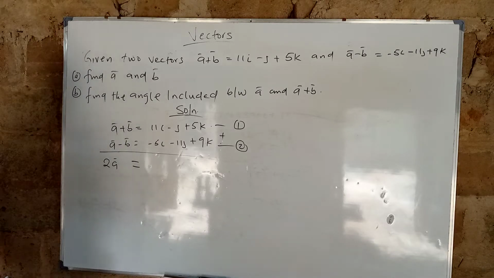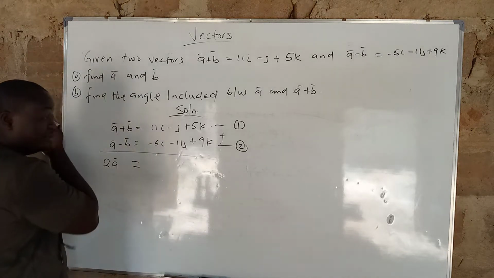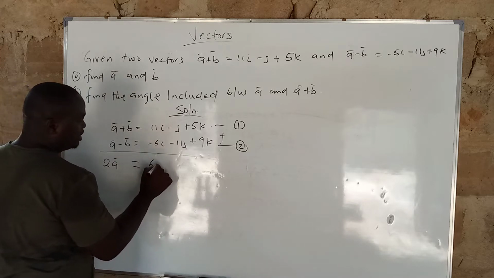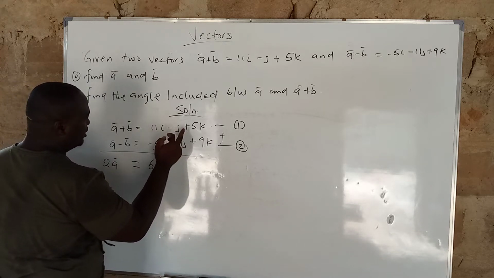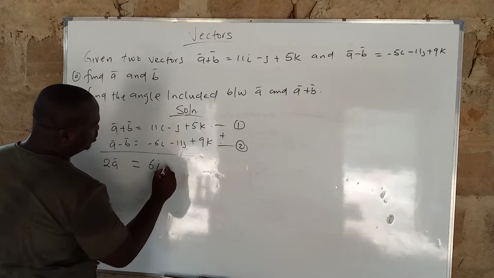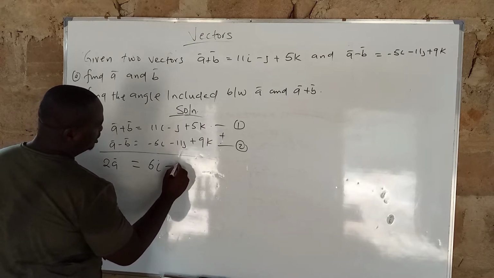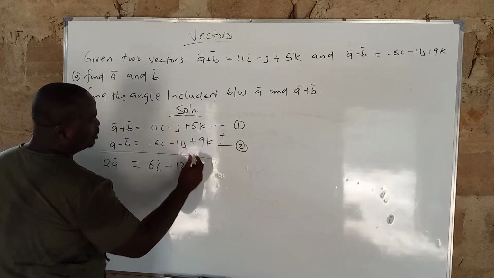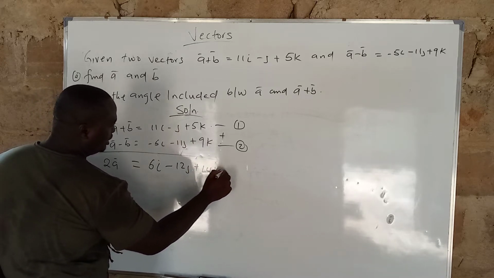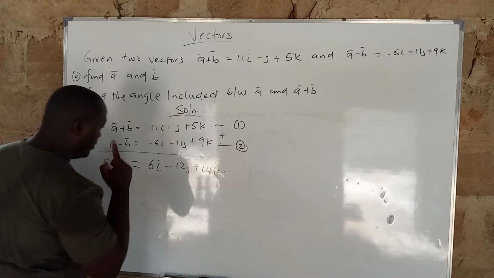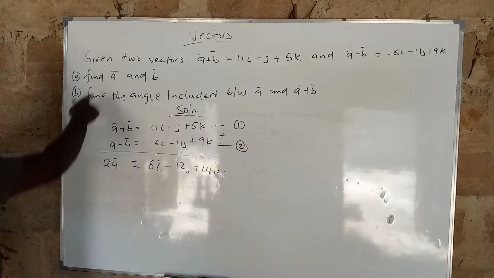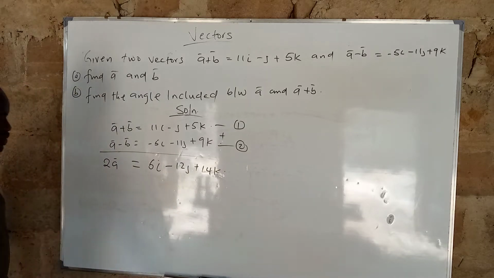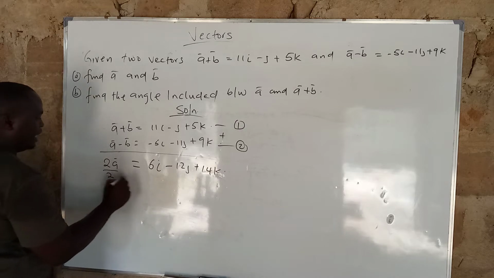And so you have something like this. 11 plus minus 5 should give you 6, that will give you 6I. Minus plus minus will give you minus 12J. Now this plus this should give you plus 14K. Now, remember very well, they said find A, not 2A. So I have to divide everything by 2.